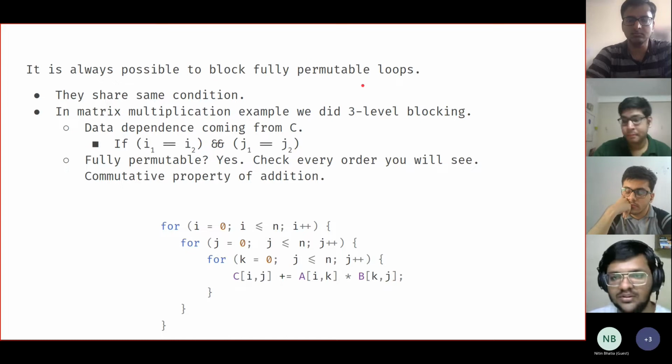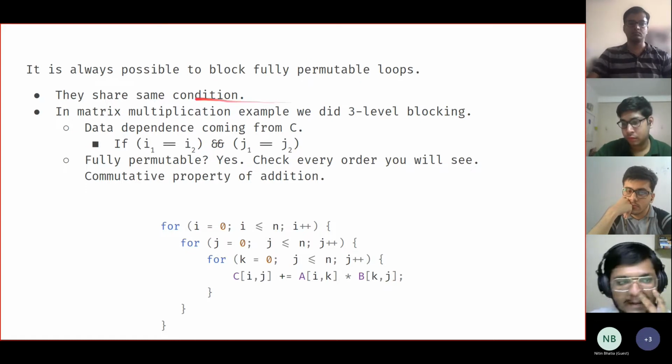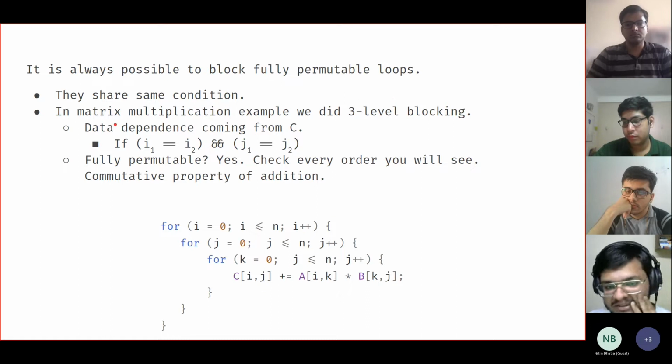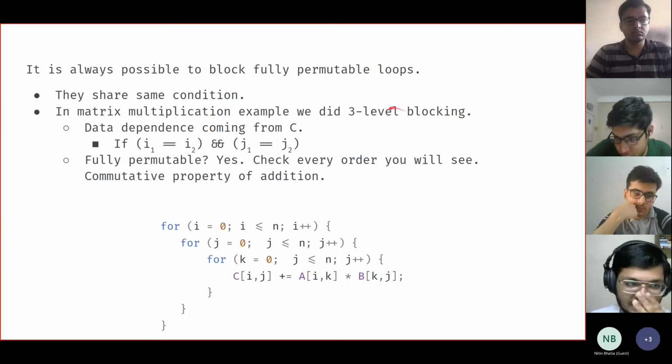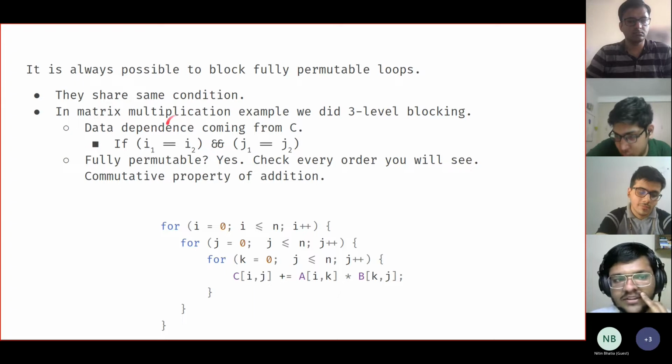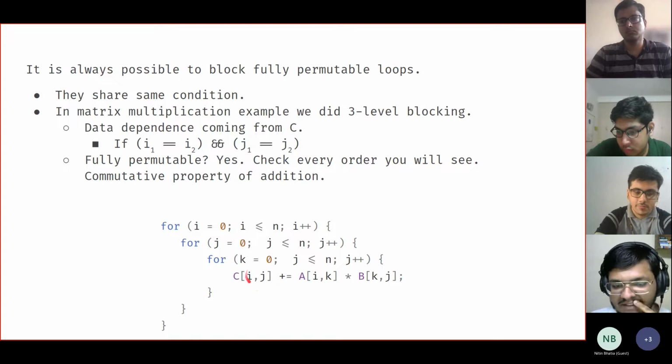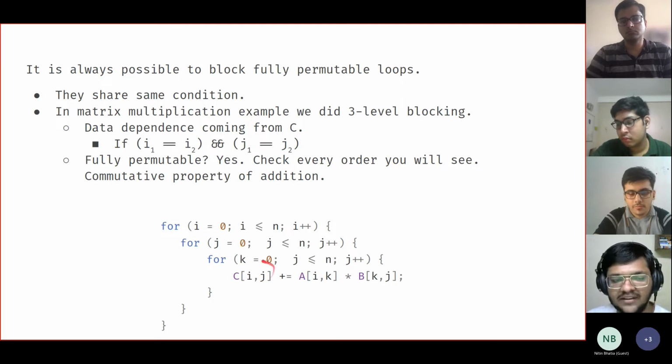So we can easily block the fully permutable loops. In our matrix multiplication example, we actually did a three level blocking. In that particular matrix multiplication loop, the data dependencies on Cij are going to happen only between two iterations where I1 is equal to I2 and J1 is equal to J2.